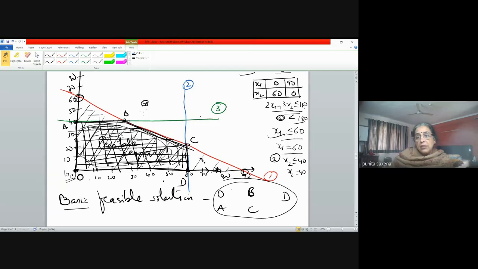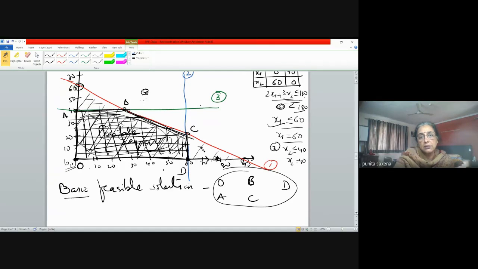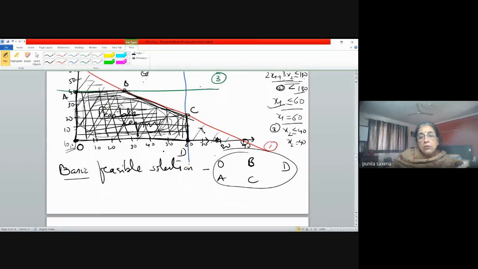Okay. So what we do is now we evaluate. अब हमारे पास इन्हीं पांचों points के coordinates है, निकाल सकते हैं. O is nothing but 0, 0. ठीक है. Similarly, A is nothing but 0, 40. B is nothing but 60, 0. ठीक है. Similarly, B is what?